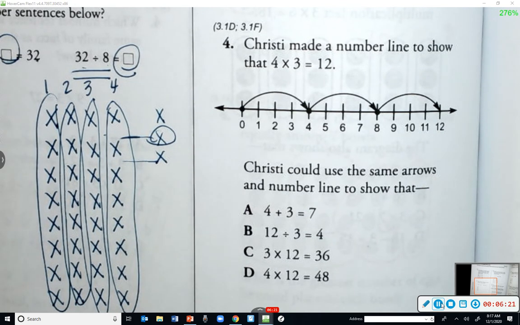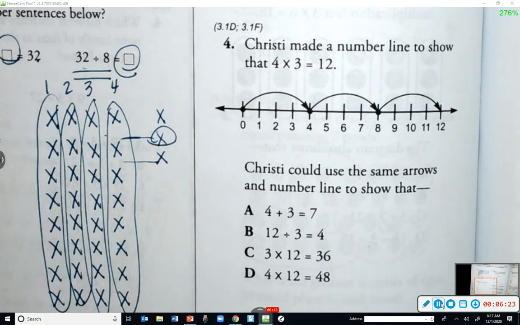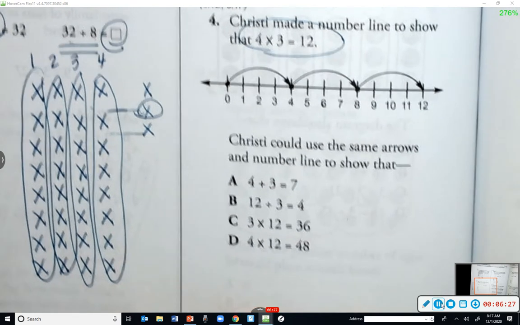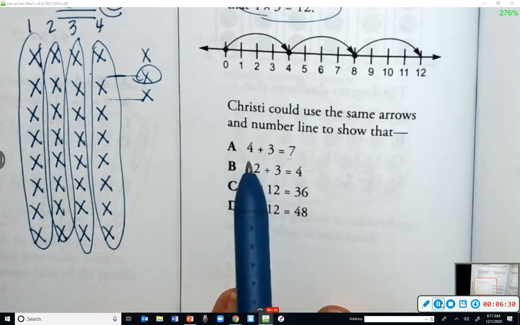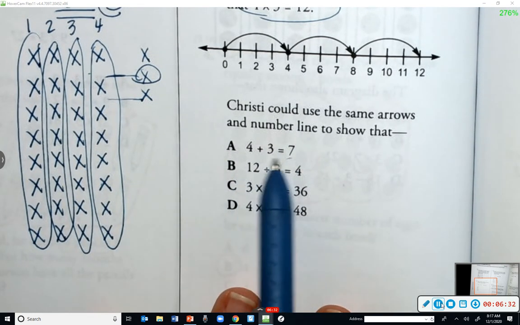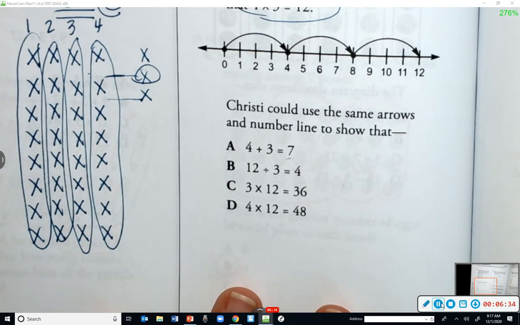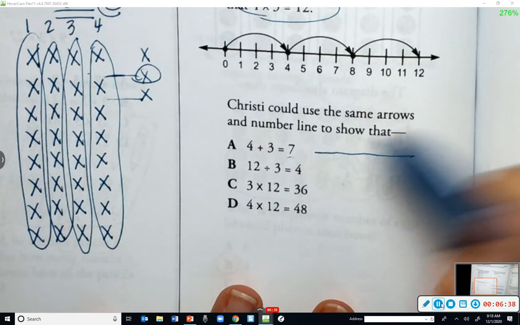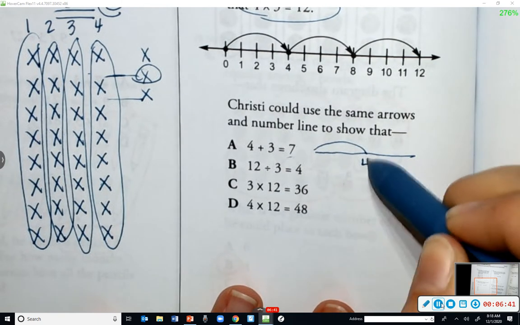Okay, so we're trying to figure out what other fact will go with this one by using this number line. Does this number line show 4 plus 3 equals 7? Would that work? No. If I were to do 4 plus 3 on a number line, I would do 4. And then what?